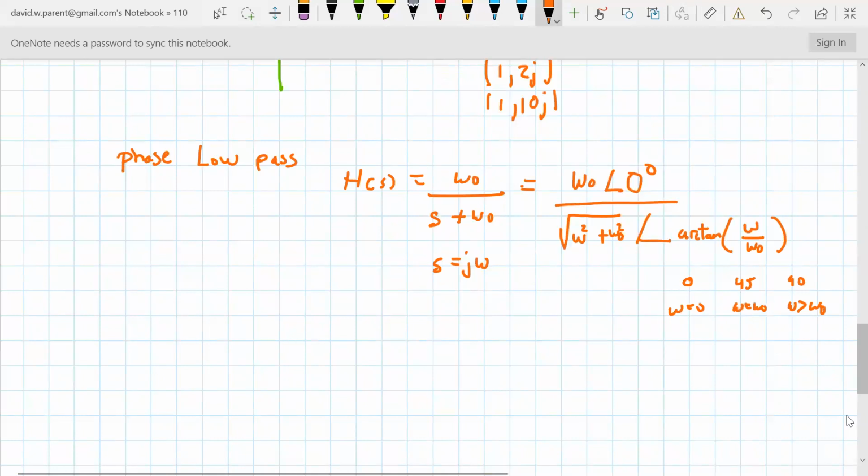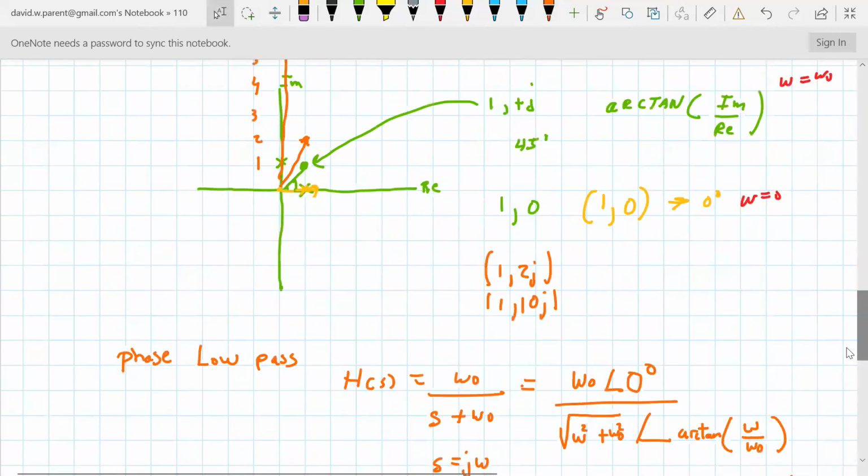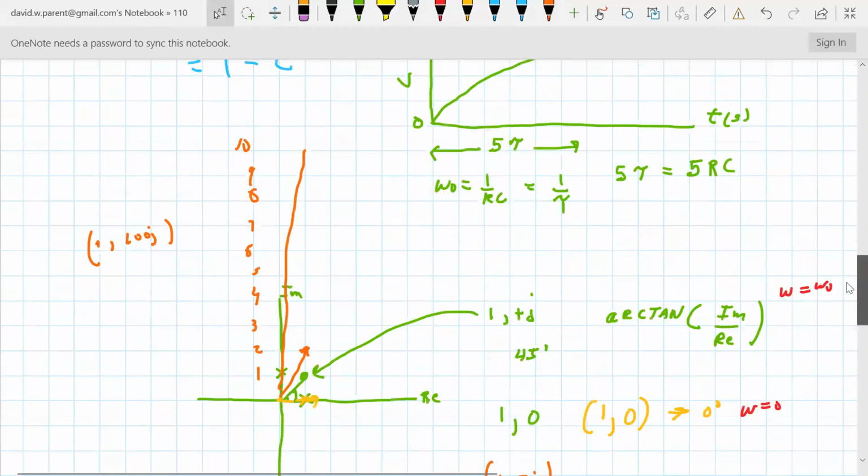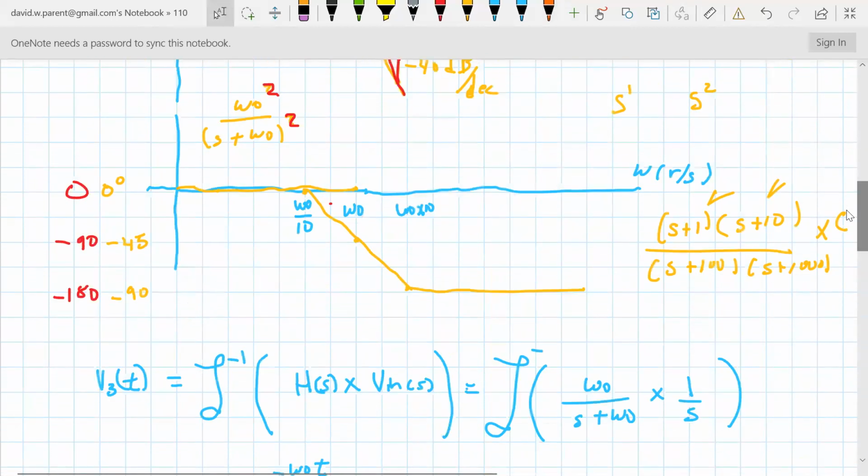This is in the denominator, so 0 minus 0, 0. 0 minus 45, minus 45. 0 minus 90, minus 90. And then it just gets stuck there. Just like I drew here. Okay?